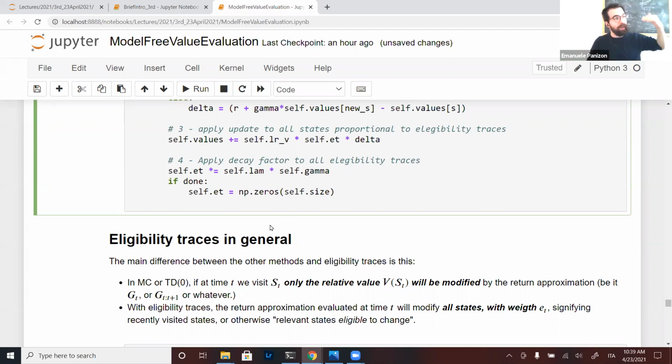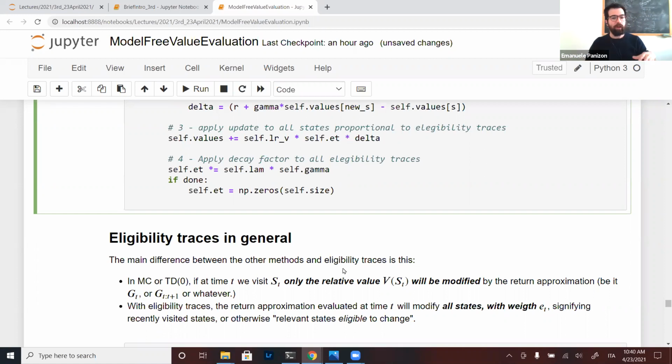So I go through my trajectory, and it's like I'm lighting up some memory of where I am, and then the update, instead of being only localized on where the current system is located, is spread to all the places which have been recently visited.